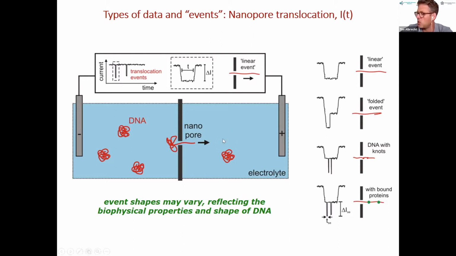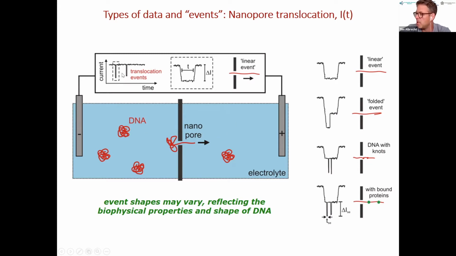Now, this current depends on the conductivity of the electrolyte, it depends on the applied bias voltage, and it also, of course, depends on the size of the nanopore. A bigger pore will produce a bigger current than a smaller pore, and so on. But importantly, depending on the shape of the DNA as it travels through the pore, we actually see different types of events.